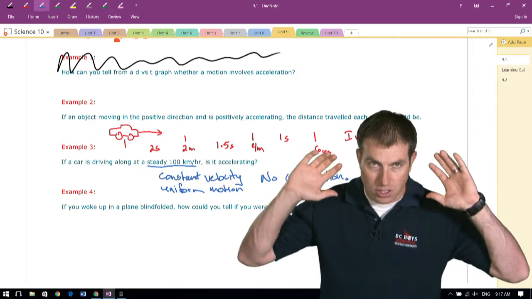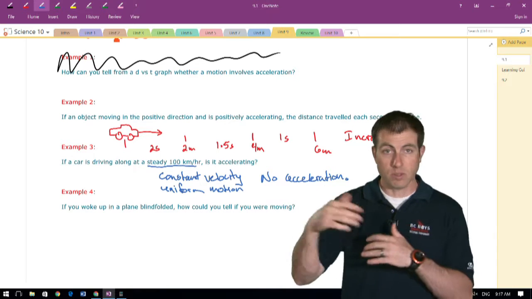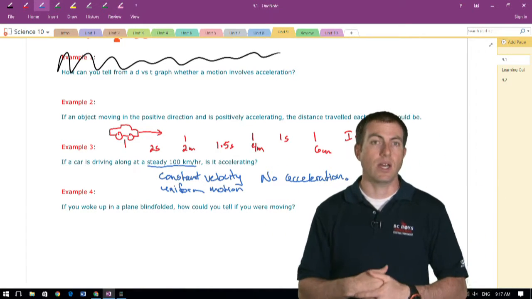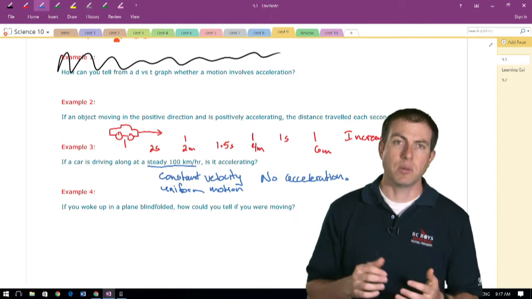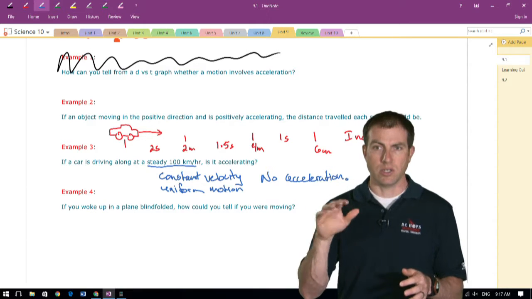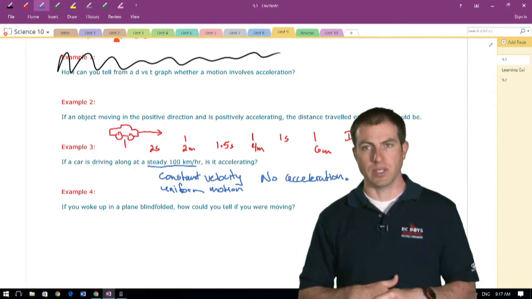Imagine a car on a perfectly smooth road, no bumps at all, the car wasn't speeding up or slowing down, windows completely blacked out. Would you be able to tell if you're moving or not? Same on a plane. A plane's a little bit easier example because generally you're not going to experience any bumps if things are going well.